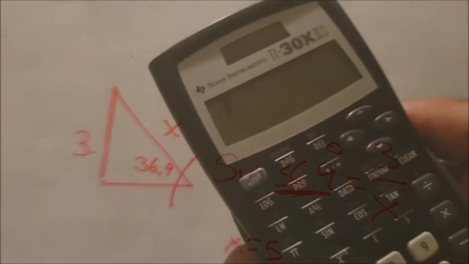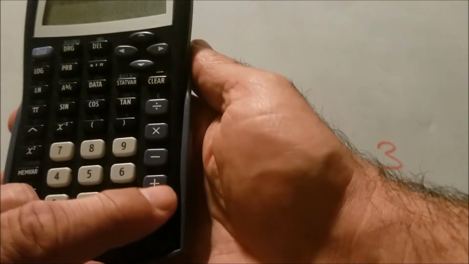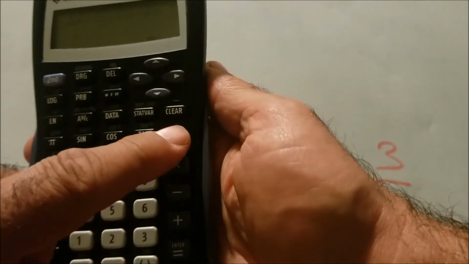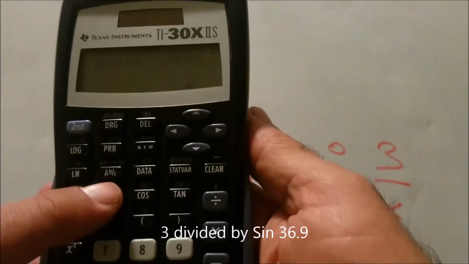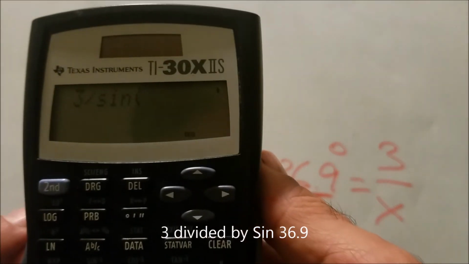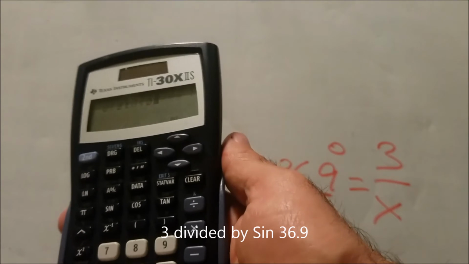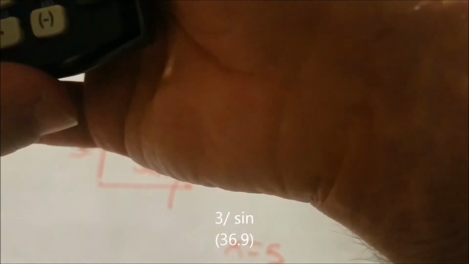So let's look at what I do on the calculator here. I'm going to press 3, obviously, because we're doing 3 divided by. See it on the calculator? 3 divided by. Now we're going to press sine, you'll see the sine, and 36.9. Make sure there's a point there.